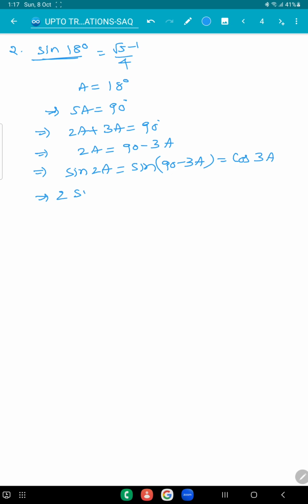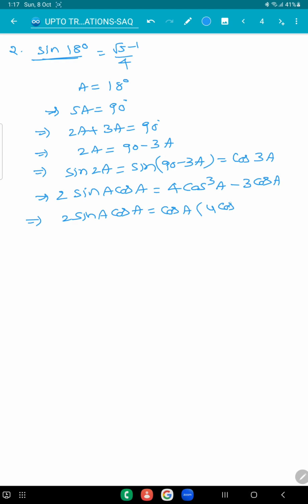So sine 2a formula, 2 sine a cos a, is equal to cos 3a formula, 4 cos cube a minus 3 cos a. Trigonometry is all about remembering the formula. So 2 sin a cos a, bringing cos a common from the right hand side, what we have is 4 cos square a minus 3, cos a cancels. As we need sin 18 terms, it is better to convert every term into sin.